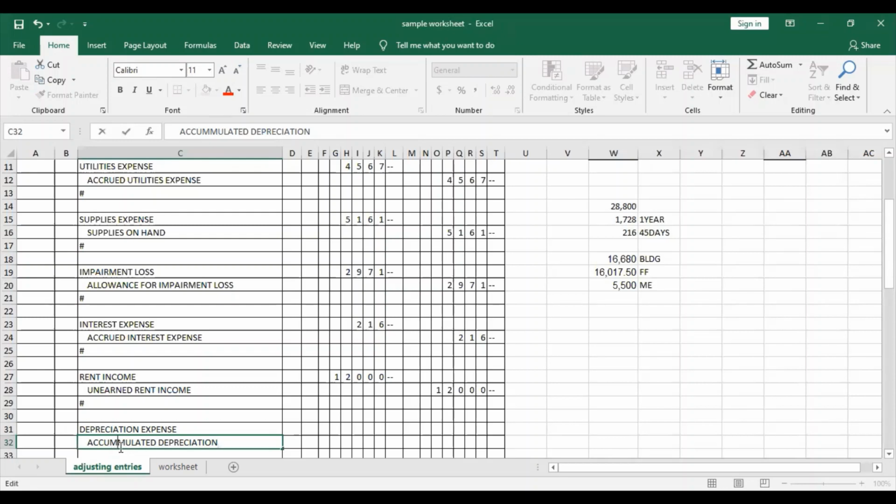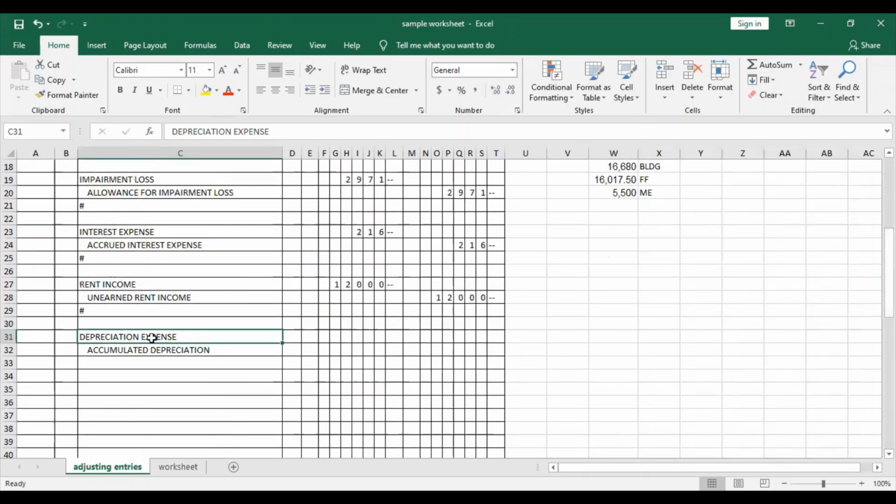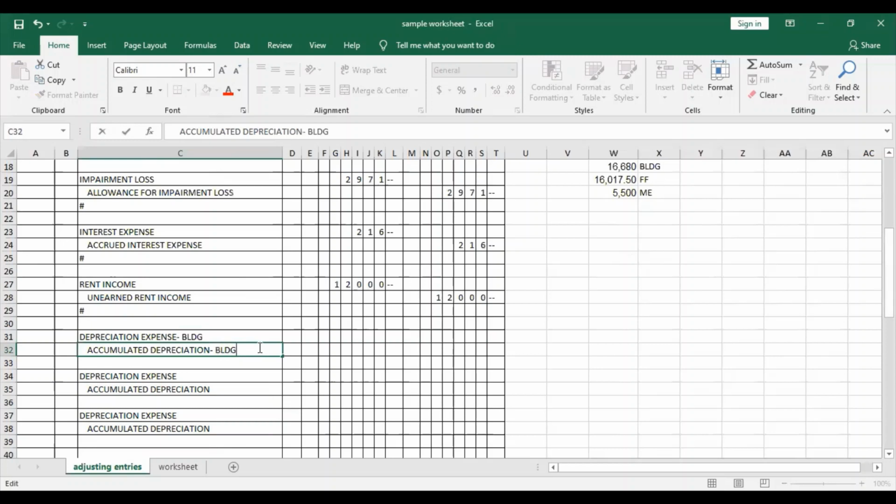Hindi mo pwedeng pagsamahin ang depreciation ng building saka ng furnitures and machineries and equipment. So, ang gagawin mo, paghihiwalay-hiwalayin mo sila. Bali, magiging 3 ang entry mo for depreciation. Tapos, to indicate kung para saan ang depreciation, lagyan mo na lang ng dash yung entry mo. Depreciation expense, dash, building. Accumulated depreciation, dash, building. To symbolize that that depreciation is for the building. Tapos, magkano yan? That is for 16,680.